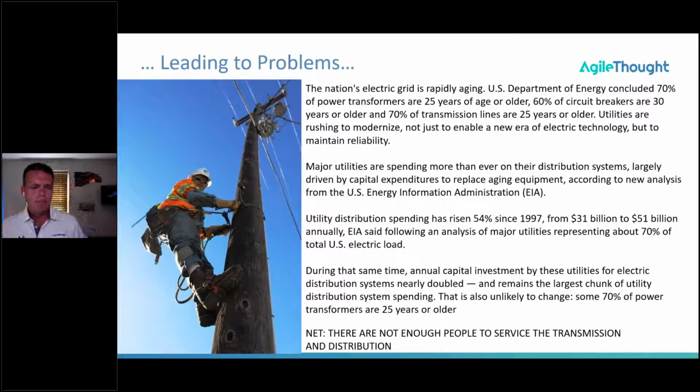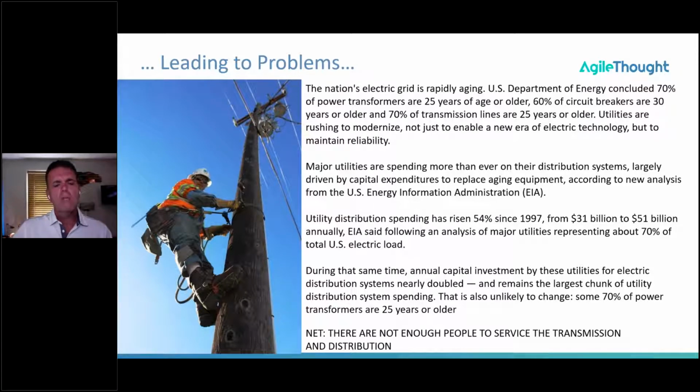So this leads to a problem. We can't scale servicing a living entity that has hundreds of thousands of high power transmission lines and millions of local lines on the back of people, right? If you take a look at the work that has to be done in identifying bad poles, bad beams, stirrups that are missing under power lines, failed insulators, failed transformers, worn or debris-laden lines, there's not enough of us to get out there and service those lines.